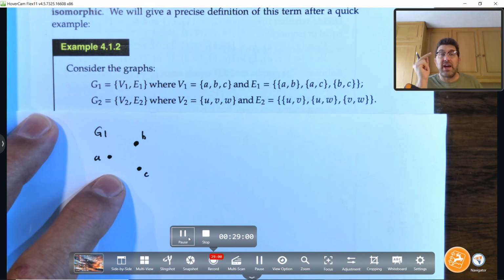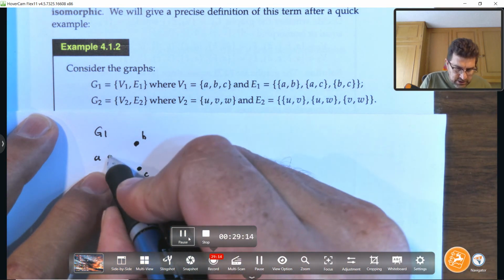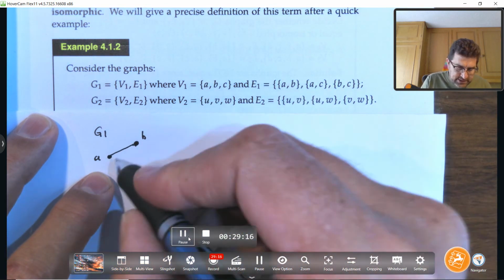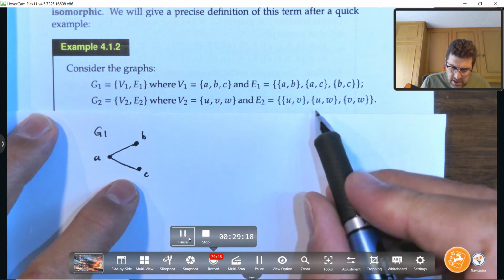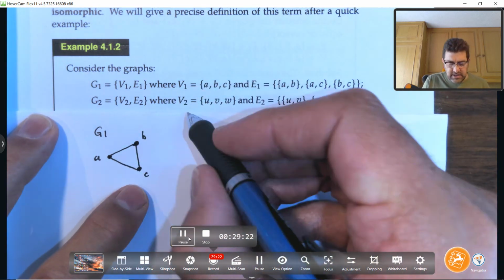First of all, they've got to have the same number of vertices. Secondly, they have to have the same adjacent vertices in each of the diagrams. So let's have a look. AB is joined, AC is joined, and then BC is joined. So that sort of looks like a little triangle.